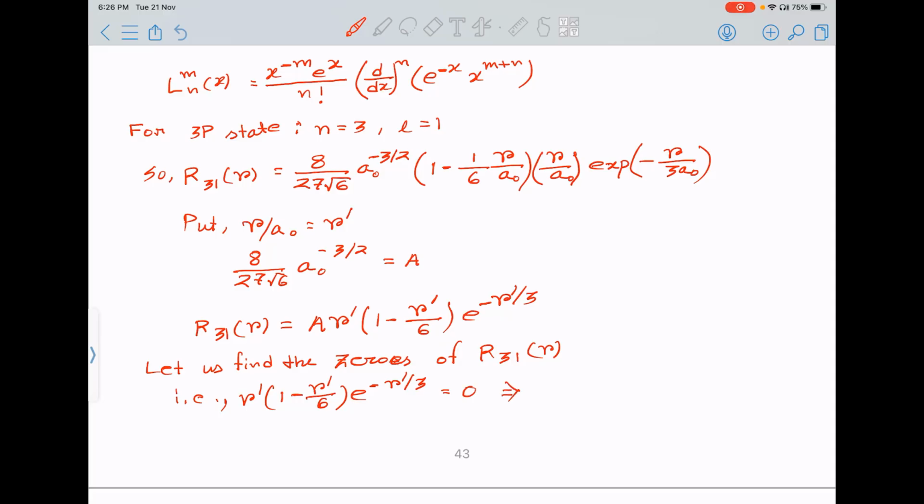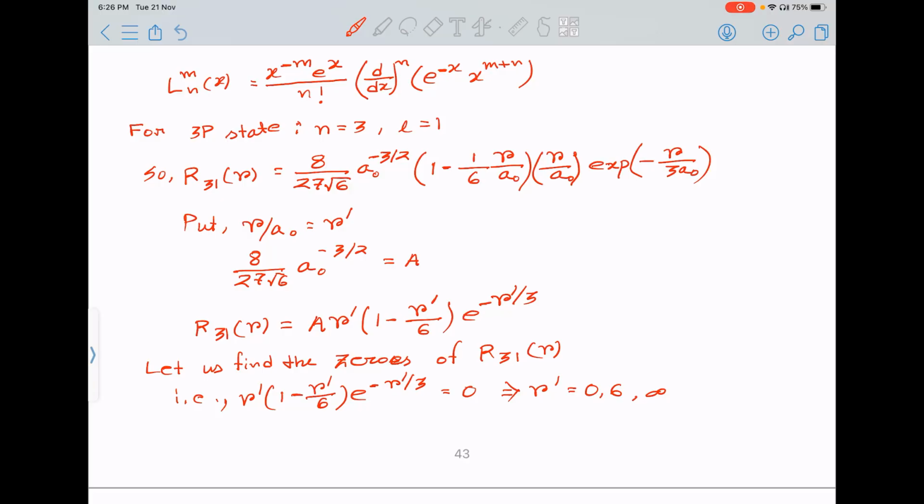So r prime equal to 0 will give the entire function 0. Then r prime equals 6 will also give 0 due to the second factor. And for the third factor, r prime should be infinite, so e power minus infinity equals 0. So r prime will be infinite.